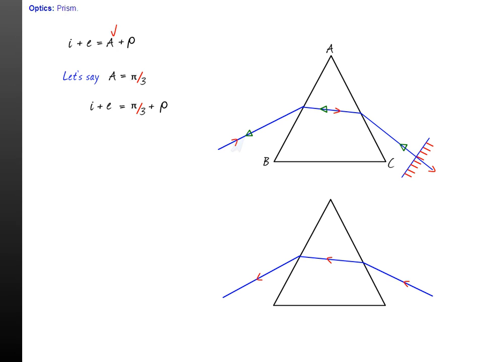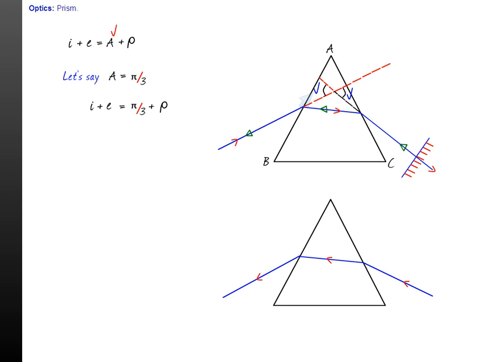in this case, the angle of deviation was this angle, and when the ray is reflected back, the angle of deviation will be this angle, and both these angles are equal as they are vertically opposite angles.